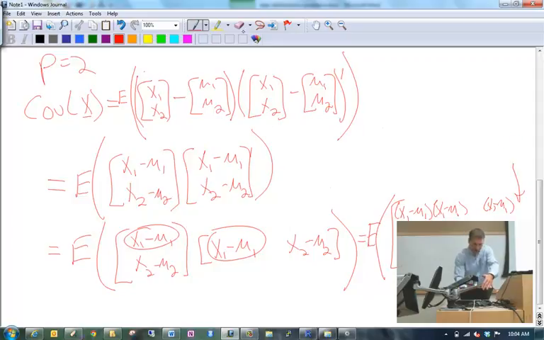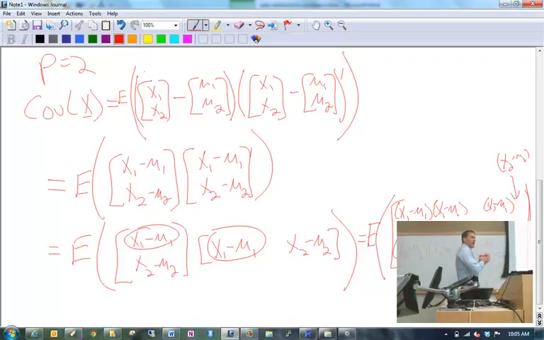Sorry, I'm not planning very well in terms of room. x2 minus mu2. I'll just keep on going here. Hopefully that's readable. If it's not, let me know.